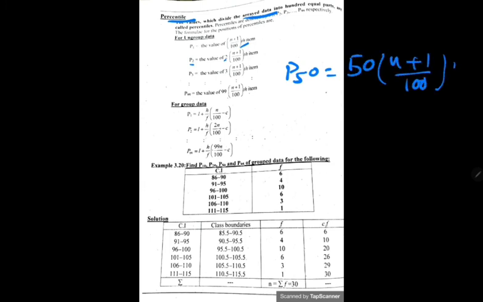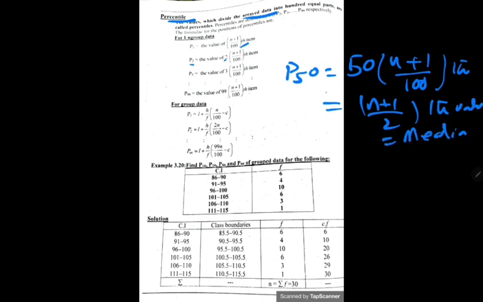Similarly, on the same pattern, arraying data into 100 equal parts gives the percentiles. For percentiles, P2 is 2 times (n plus 1) divided by 100, and so on. Similarly, P50 is 50 times (n plus 1) divided by 100, which becomes (n plus 1) divided by 2, the median.